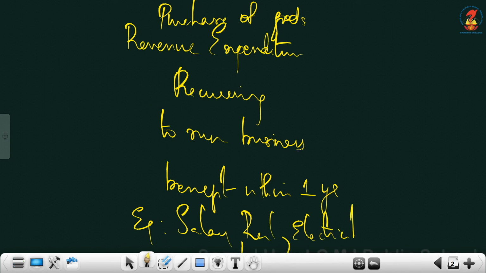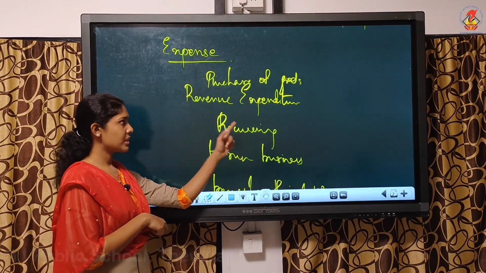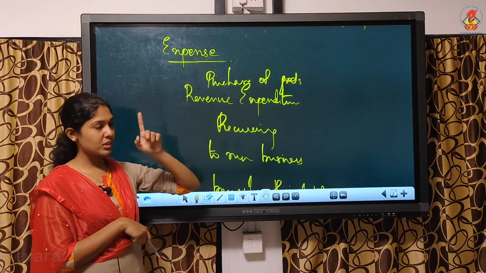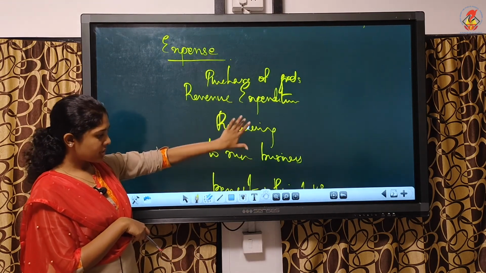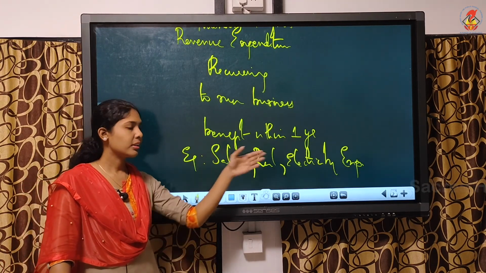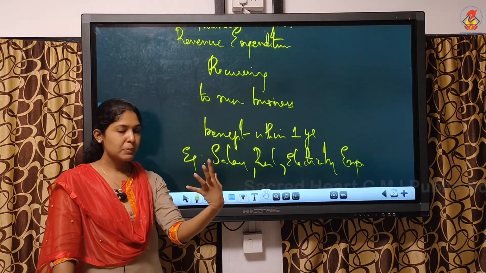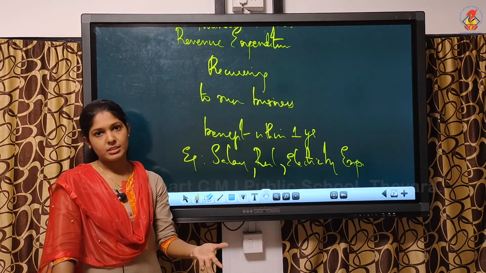So expense is recurring in nature, just like revenue expenditure. It's against purchase of goods, not against purchase of assets. Then this is incurred to run the business easily or successfully. Then the benefit will get exhausted within 1 year. But capital expenditure means there is a difference. There it is purchase of fixed assets.